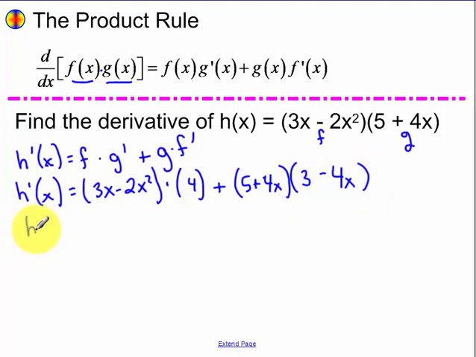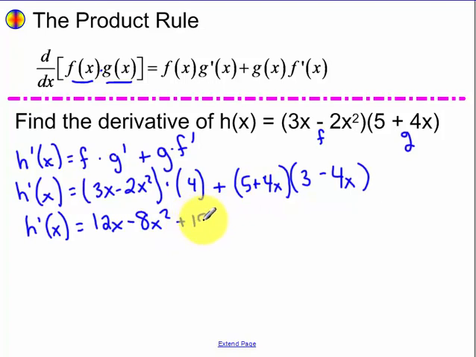So then now we have our derivative distributing through the 4, we get 12x minus 8x squared. Now you want to FOIL all this out. Luckily there's a plus sign in the middle, so I don't have to worry about distributing a negative.